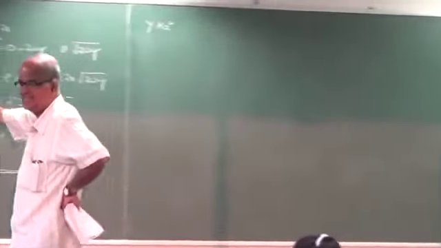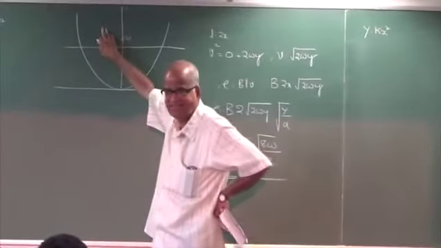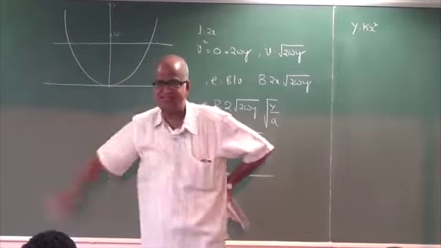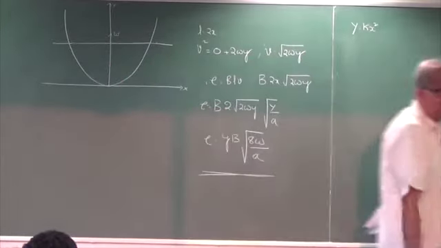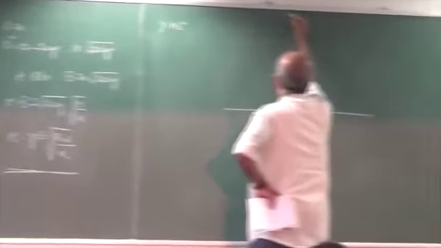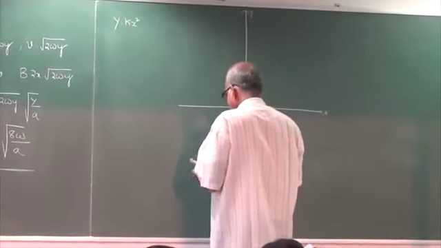Here the complication is, here it was only simply moving up with an acceleration. Here as it moves up, the frame is rotating also. So after it rotates through pi by 4 radians, what is the instantaneous current induced? So you take this as x-axis, take this as y-axis.